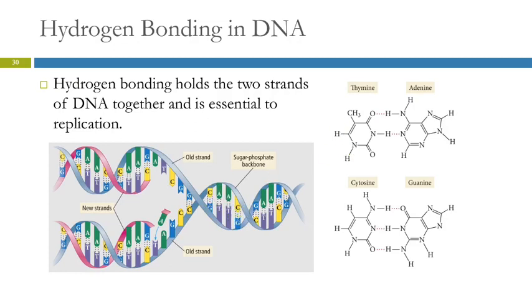And there are 4 different bases: thymine, adenine, cytosine, and guanine. We usually abbreviate those as C, A, T, and G. Thymine and adenine both have the potential for hydrogen bonding. So here we've got a hydrogen-nitrogen bond, and here we've got a hydrogen-nitrogen bond.